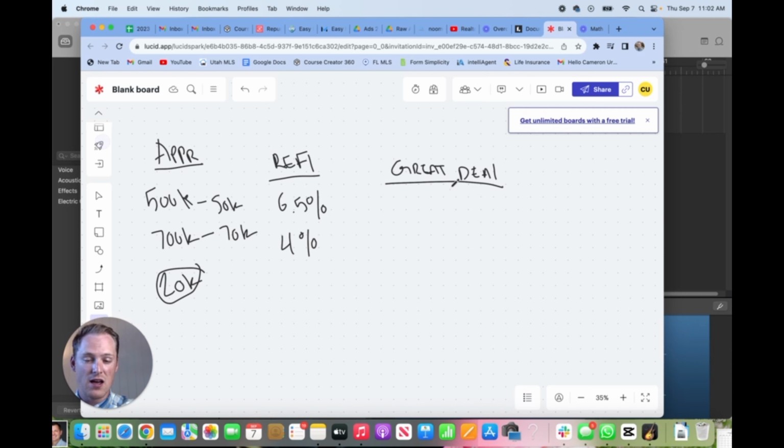And this is where the great deal aspect comes into play. People don't understand that when interest rates come down, the market explodes. Everybody wants to go buy a house because rates are good, and then prices shoot to the moon. So if this scenario happens where rates come down and prices go up, their appreciation over here just got way better. So they're now making more money from the appreciation side of things.